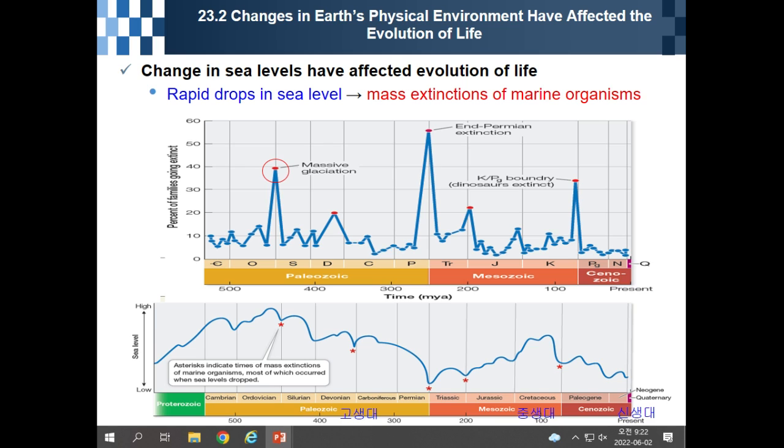All of the water became ice, so the sea level dropped like this, and lots of marine organisms died.